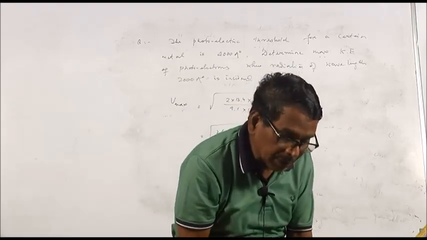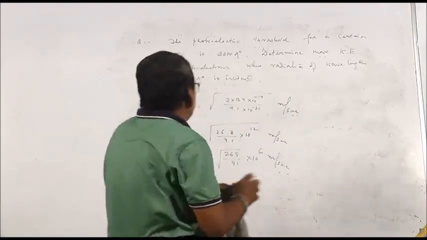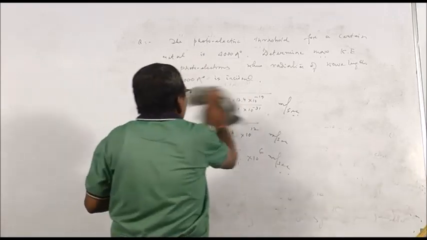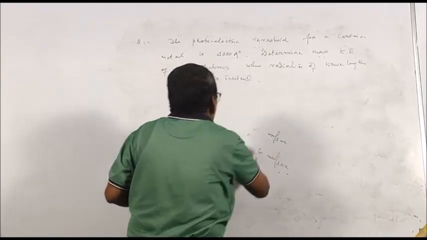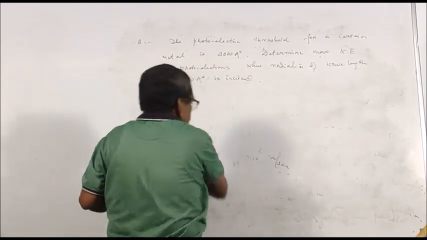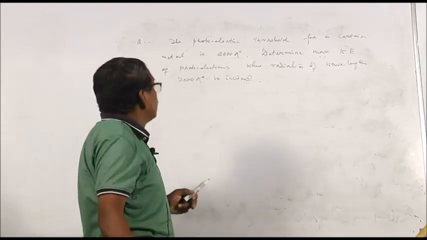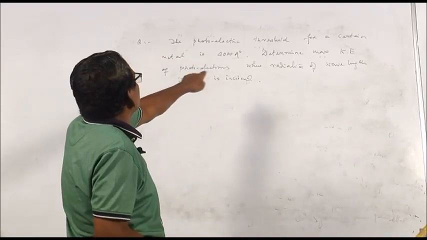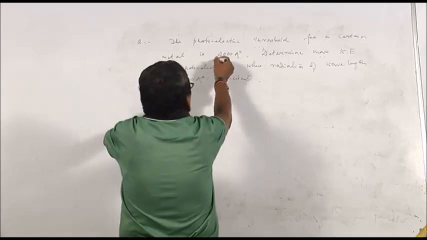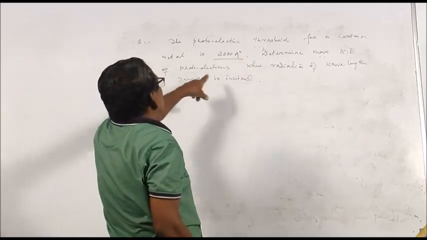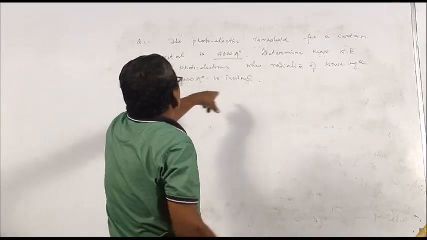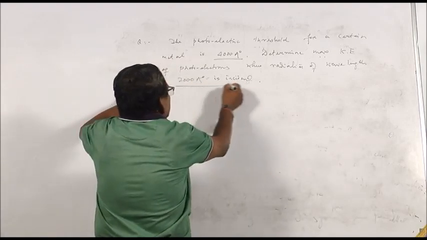So, how do you bring this Einstein photoelectric equation to wavelength form? It is given that the photoelectric threshold for a certain metal is 4000 angstrom. Determine the maximum kinetic energy of photoelectrons when radiation of wavelength 2000 angstrom is incident.